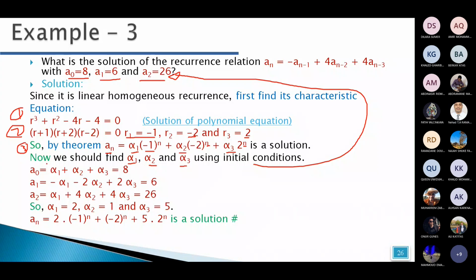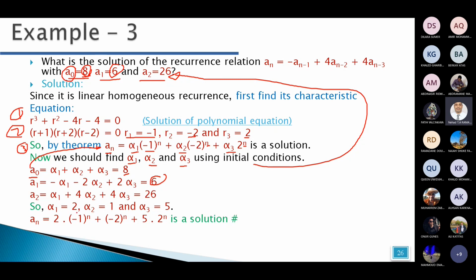Just use this initial condition, a0 equals 8, for this equation. From here we get it. a1 equals 6, from here, and we apply it to the equation.